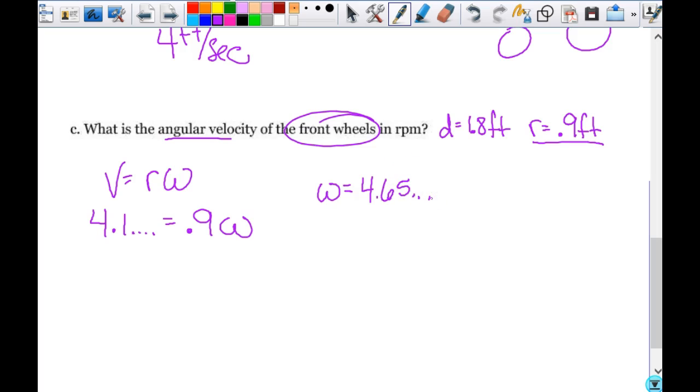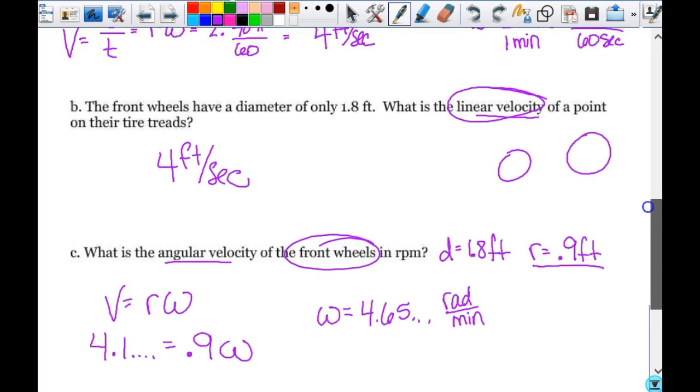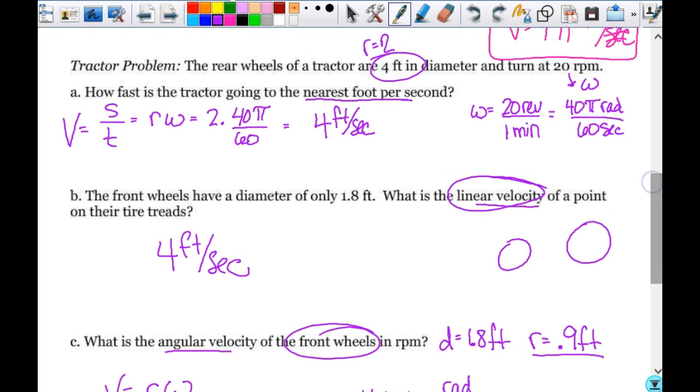4.65, but what are the units on this? Radians per minute. I don't want it in radians per minute, right? I want it in revolutions per minute. How do I get this from radians per minute to revolutions per minute? Divide by 2 pi. Because if it's in radians, remember how I got to radians right here? I had to take my revolutions and multiply by 2 pi.